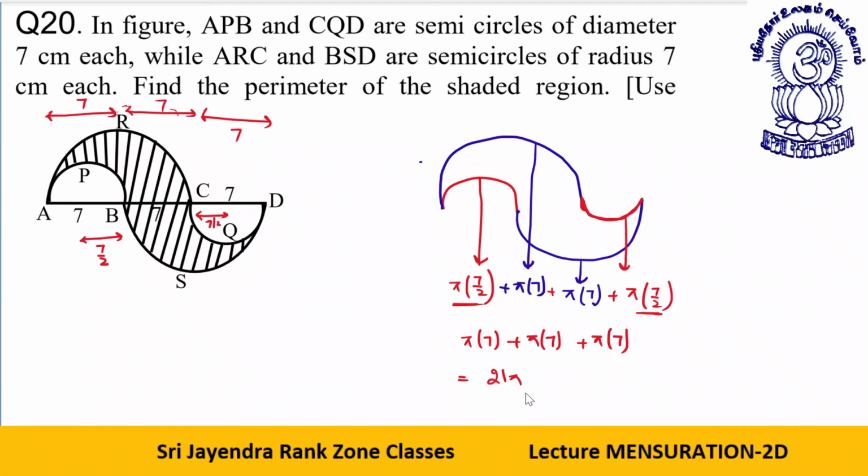Therefore, the perimeter of the shaded region is equal to 21 pi. There are no options for this.